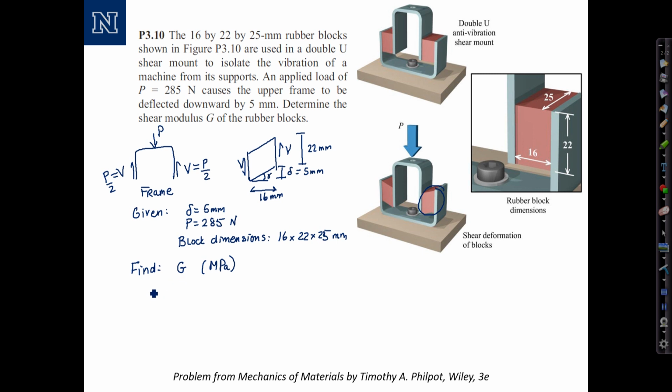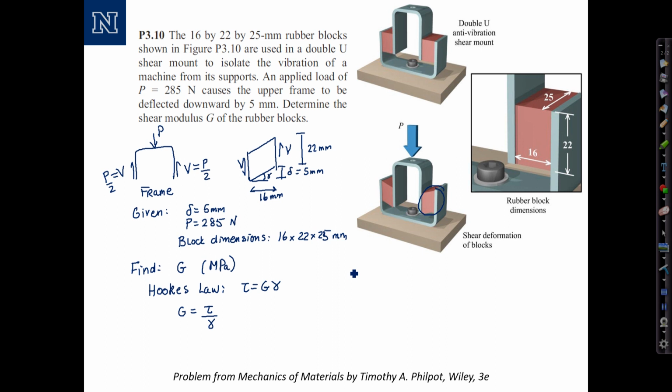How do we find the shear modulus? We need to consider Hooke's law in shear, which says that tau is equal to G times gamma. So we can find G by finding the stress and the strain in the system.